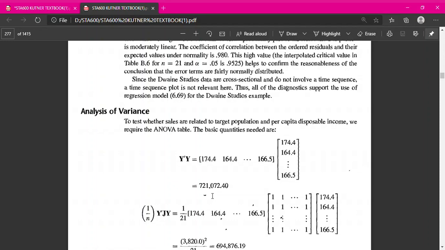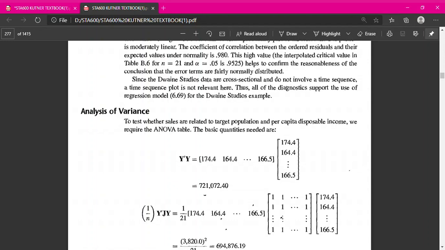So dia tengok kat sini sales in community. Okay, dia punya Y adalah sales. So, kita ada how many data altogether kat sini. You akan ada 22 data. 20. Sorry, 21. Ada 21 observation.